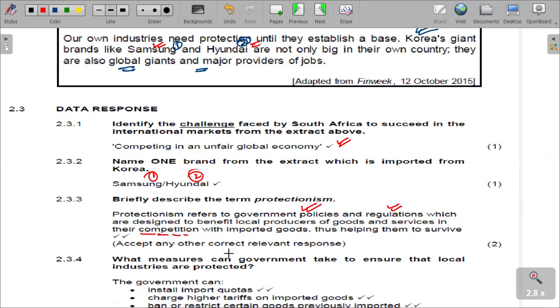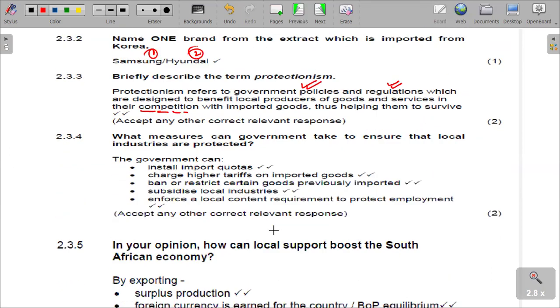So protectionism is all about government regulations and policies that protect local producers and ensure that they are well established and not being affected by intense international competition. That is what it is.